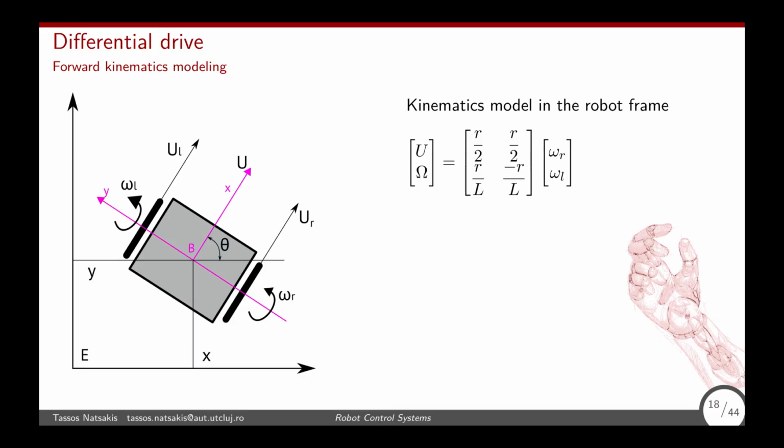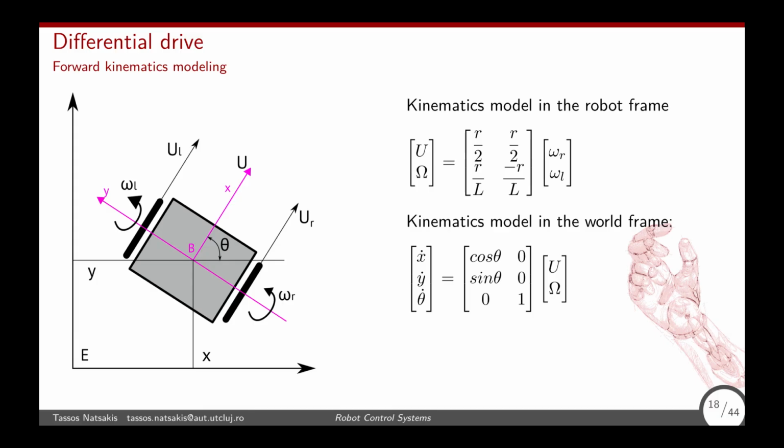If I want to describe this in the earth frame, I have to transfer this u and omega in the earth frame, right? So I'll just put it here because it's not that complicated. So basically I take this vector u and I calculate the projections on x and y, which is a function of this angle theta, right? So it's cosine and sine of theta, x and y.